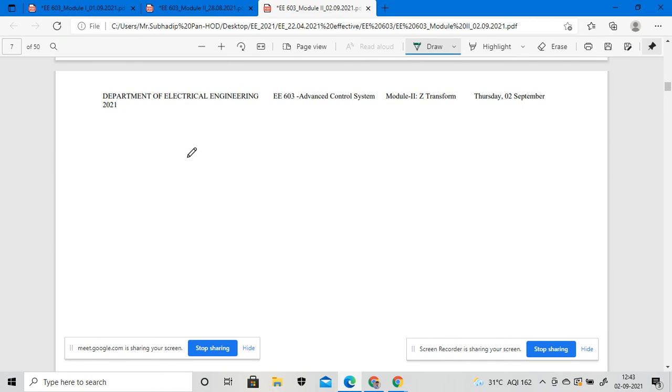So x of z. That means if we are doing the z transformation of x of s equals 1 by s into s plus 1, yes, s into s plus 1.